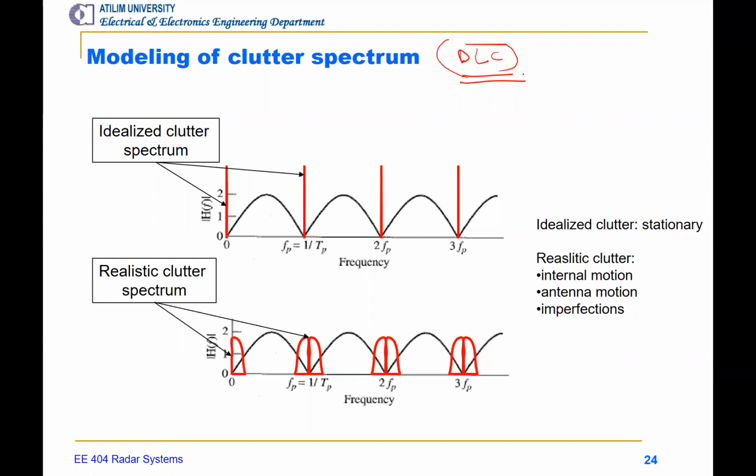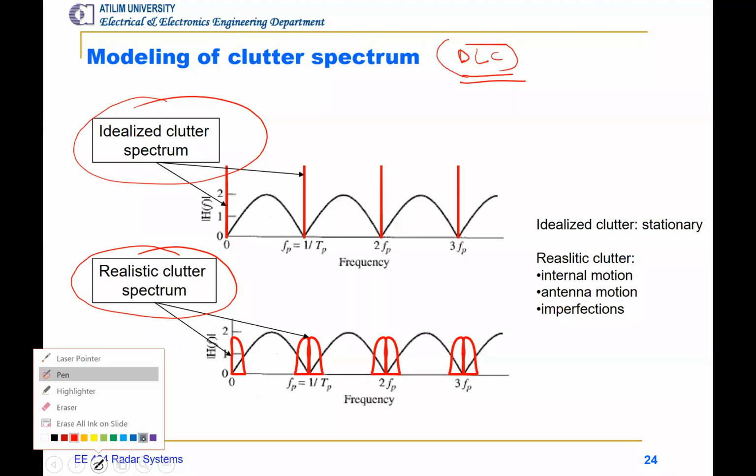Ideally, that's the case, you imagine, but in practice, this is mostly impossible because of the imperfections of the system. You are an airborne platform, and there are imperfections there, as we said earlier, and also the clutters may be slowly moving. Let's say if there's a wind, the trees may be moving. So this idealized clutter spectrum is not, as we can understand from the name, realistic. Instead, we have some realistic clutter spectrum at the bottom, as you can see.